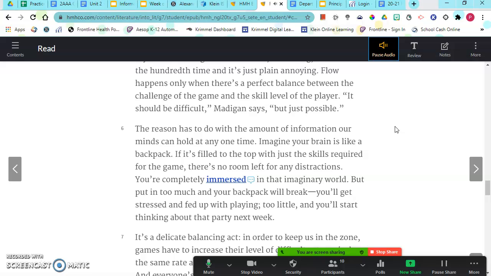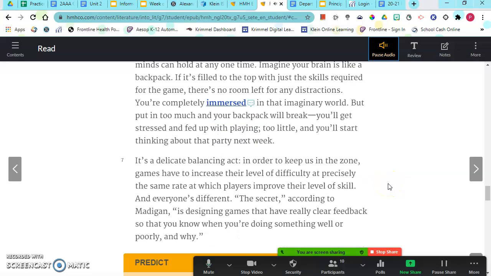Imagine your brain is like a backpack. If it's filled to the top with just the skills required for the game, there's no room left for any distractions. You're completely immersed in that imaginary world. But put in too much, and your backpack will break. You'll get stressed and fed up with playing. Too little, and you'll start thinking about that party next week. It's a delicate balancing act.